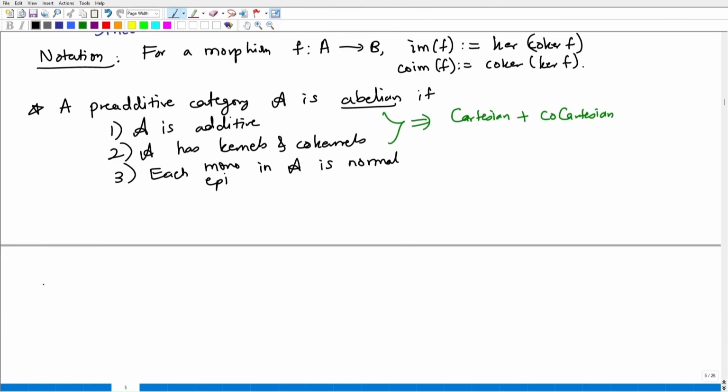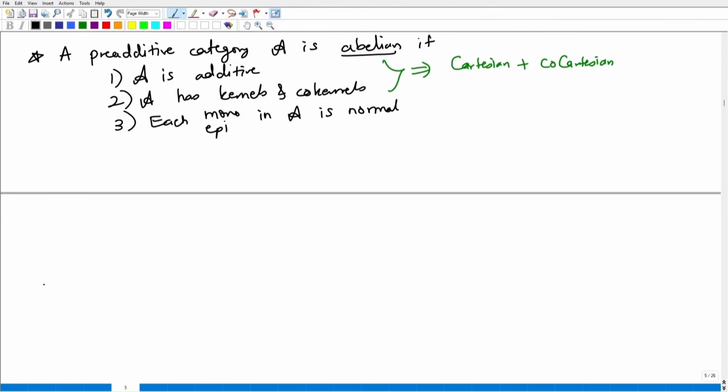Okay, so suppose A is abelian, so that we can assume everything.